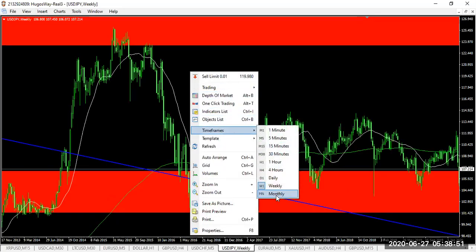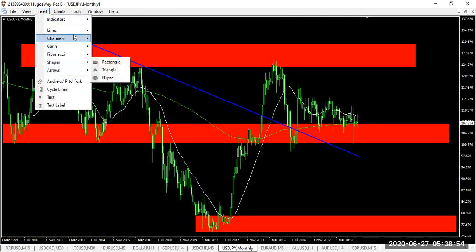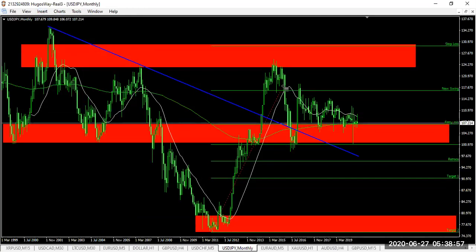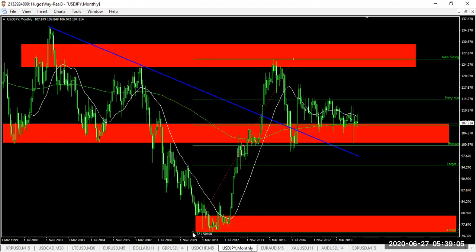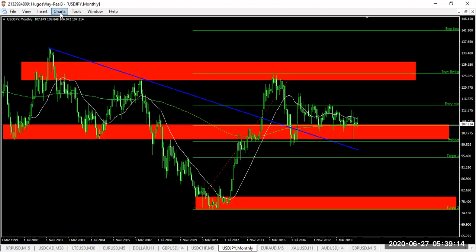Now, if we come back to the monthly and we pull out our Fibonacci, this is the situation that we are now left with on our charts, which brings price in that manner. All right.